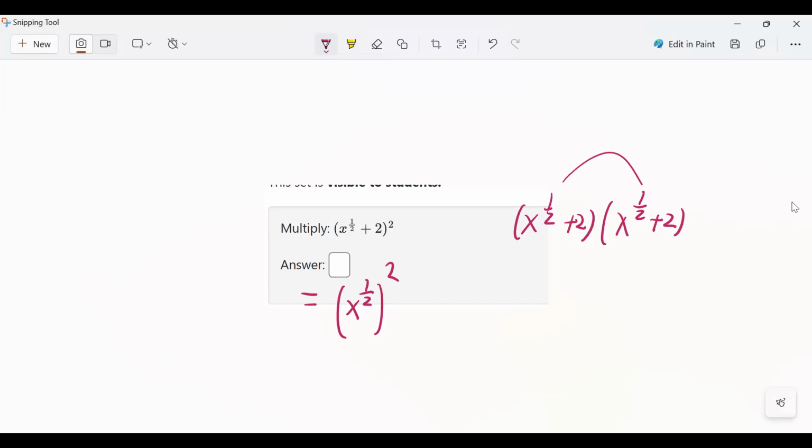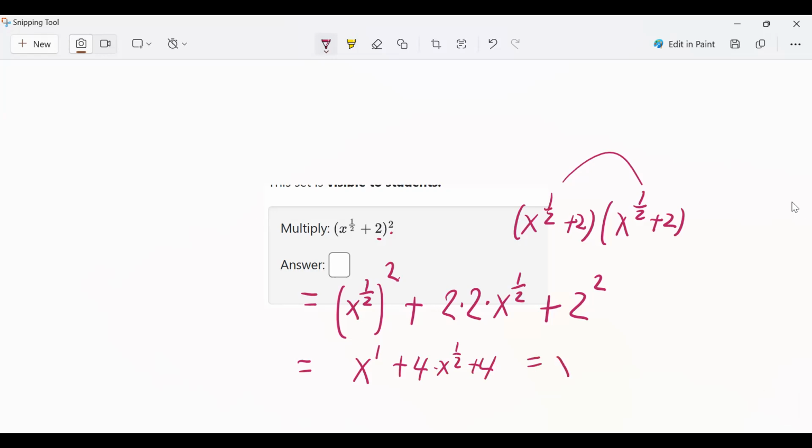Then the second term will be 2 times x to the half. The third term will be 2 squared. And then once we get down there, we simplify. Half times 2 becomes 1, so the answer is just going to be x plus 4 x to the half plus 4, right?